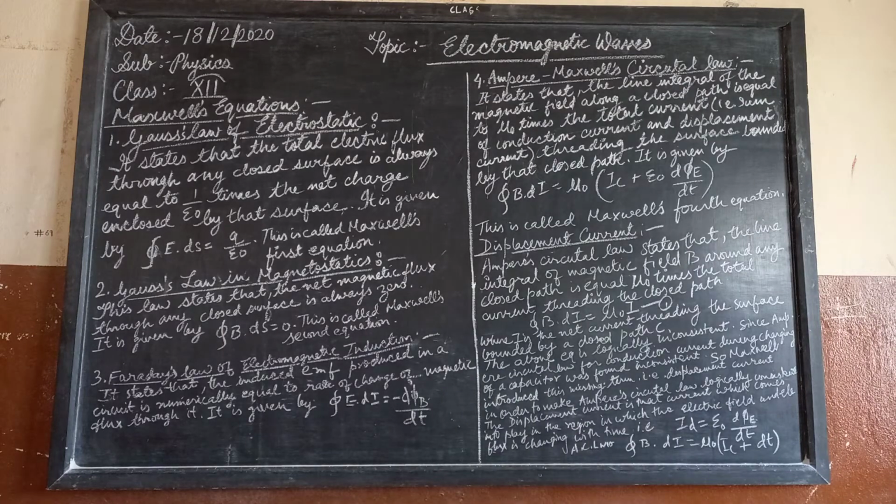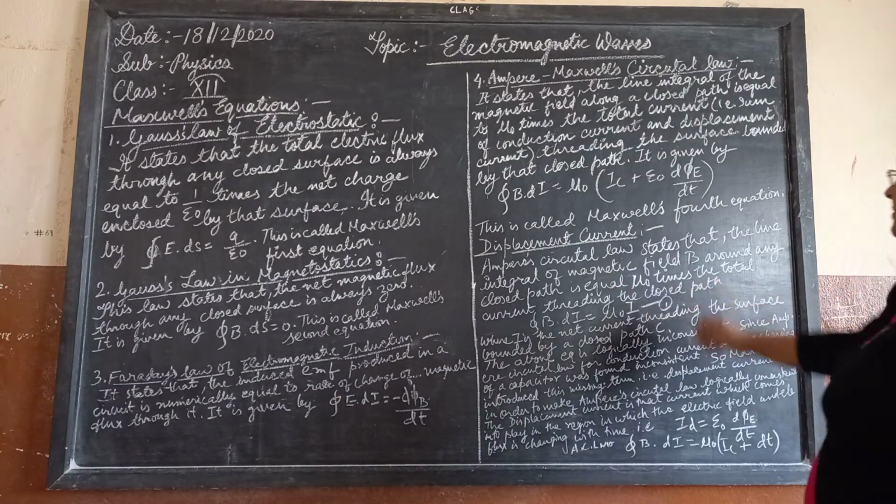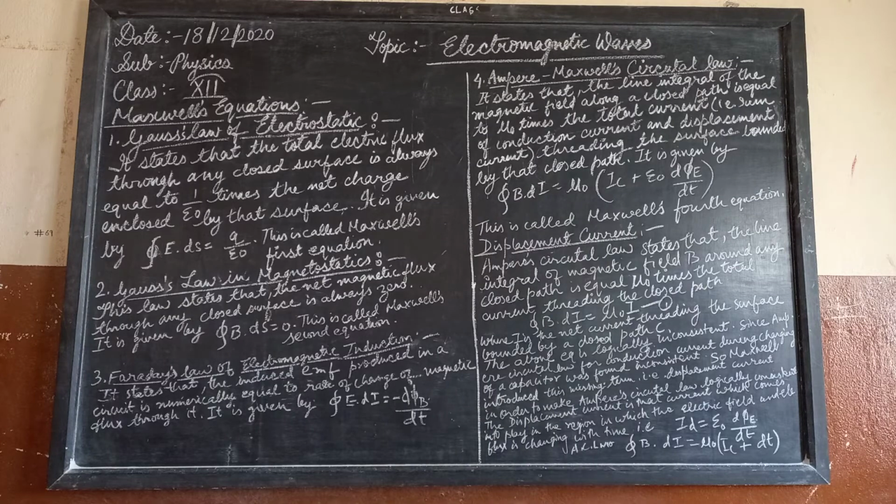Here I is the net current threading the surface bounded by the closed path, and this particular equation is logically inconsistent.